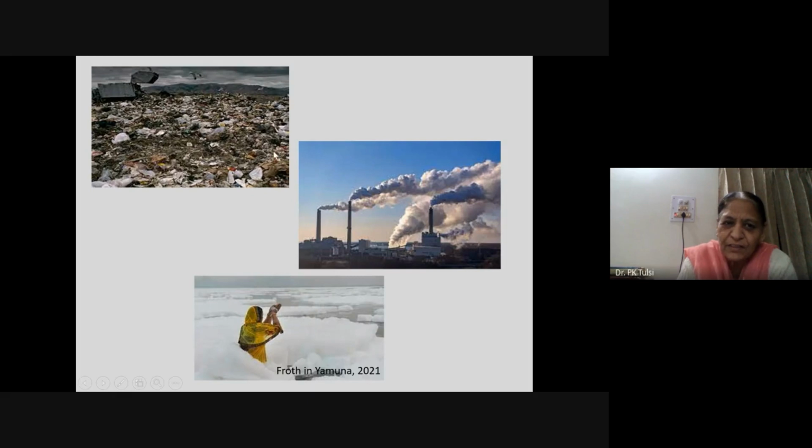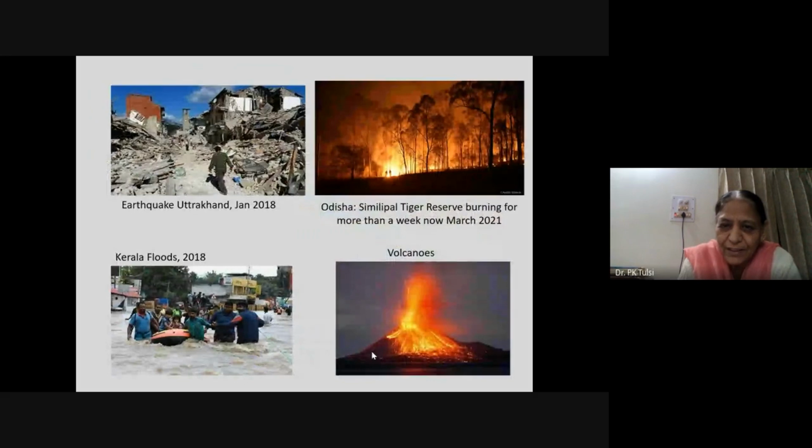And whenever we enter Delhi, we can see the Kura mountain, the garbage mountain, which is there at the beginning of Delhi. And if you try to observe that itself, you can identify the projects which need to be undertaken. And here is the pollution, and there is emission which takes place from thermal plants, the industries, etc. The froth in Yamuna, as I said.